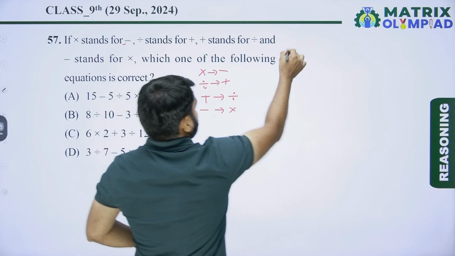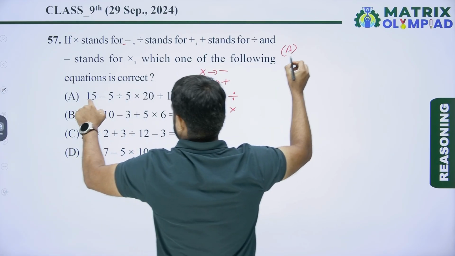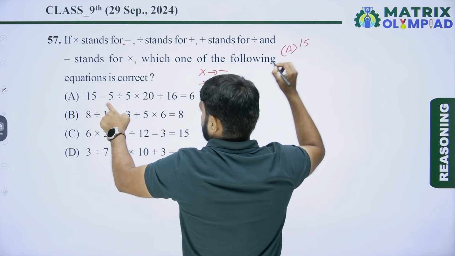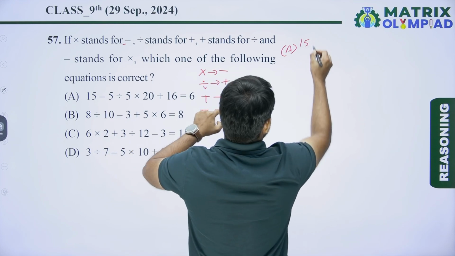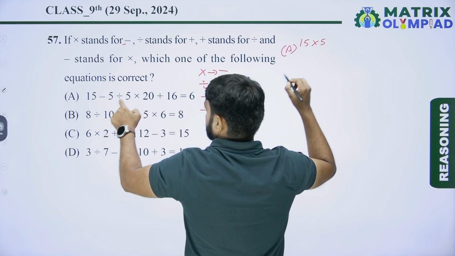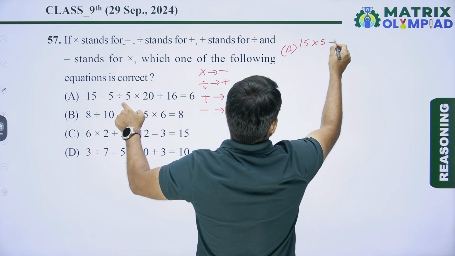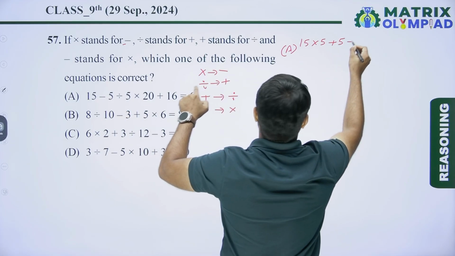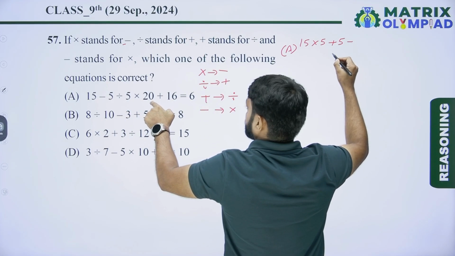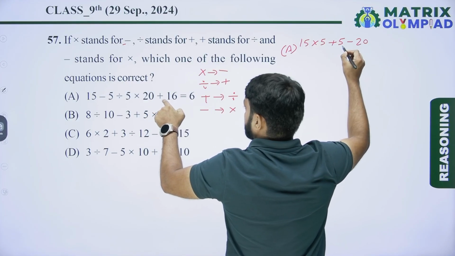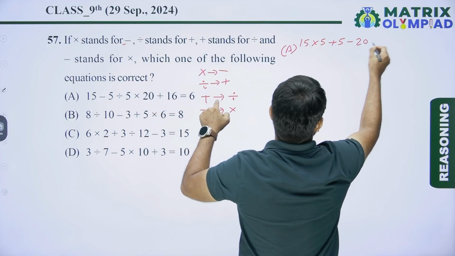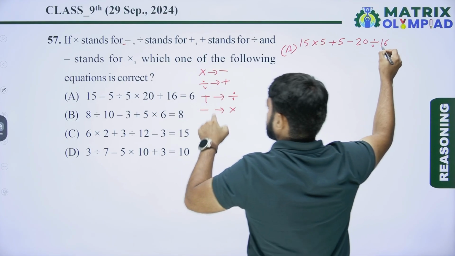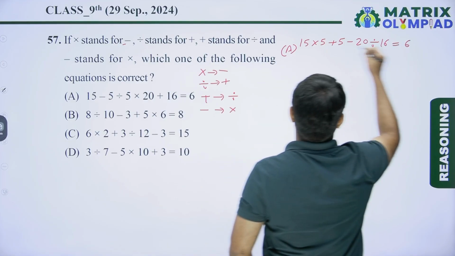Now first taking option A. According to option A, 15 minus means multiply by 5, divide means plus 5, multiply means minus 20, plus means divided by 16 is equal to 6.